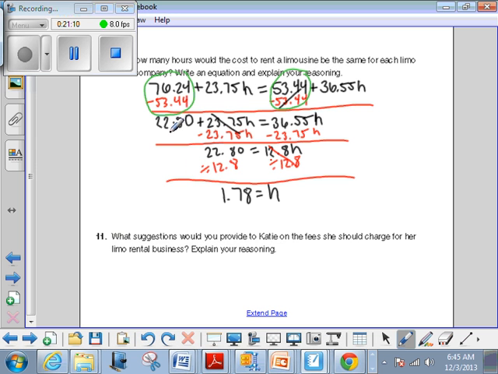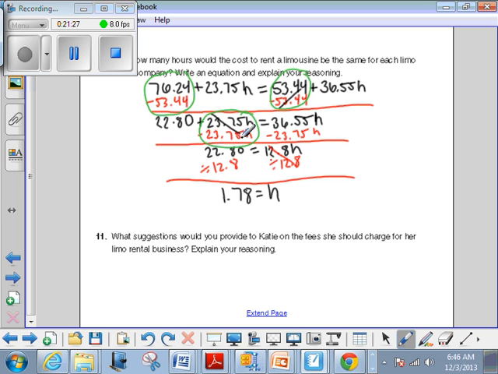So then I wanted to get all my hours on one side. Well, I only have hours on the right side, so let me remove the hours from the left side. Here you can see where I subtracted 23.75 hours. If I do that to the left side, I also have to do it to the right side.